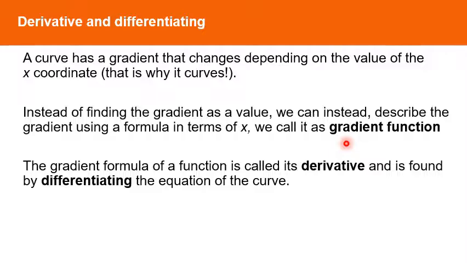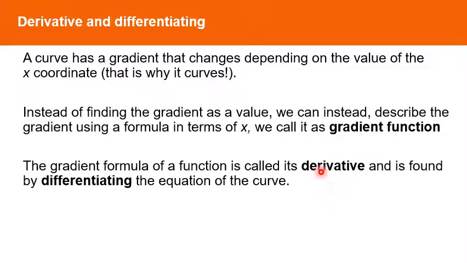Okay, let us continue to another method to find the gradient. In this method, you have to find the gradient function. What is a gradient function? A gradient function is a function that you get by differentiating the equation of the curve. The result of your differentiation, we call it a derivative. Why do we have to find the derivative?